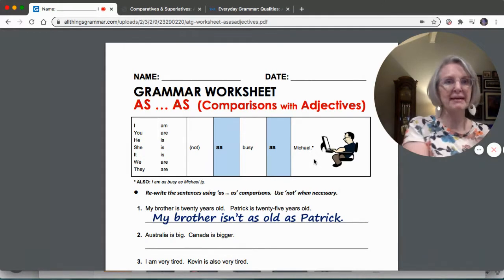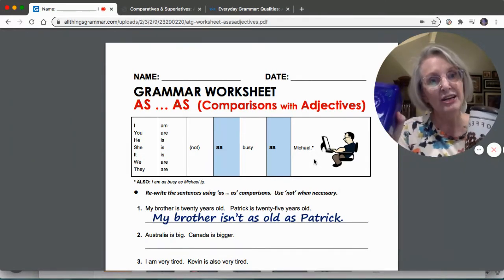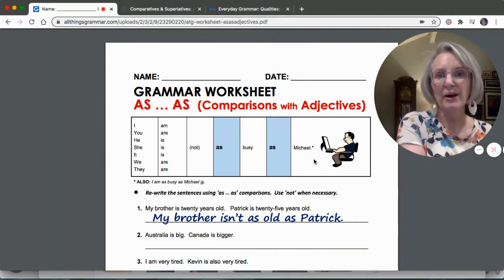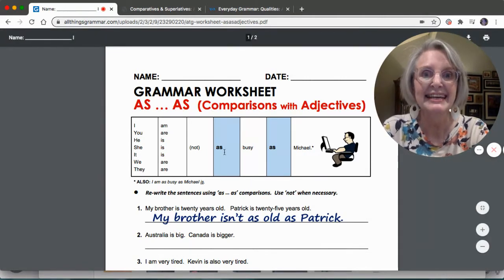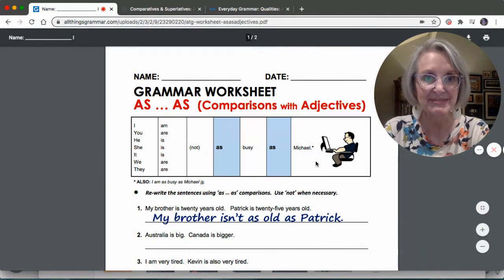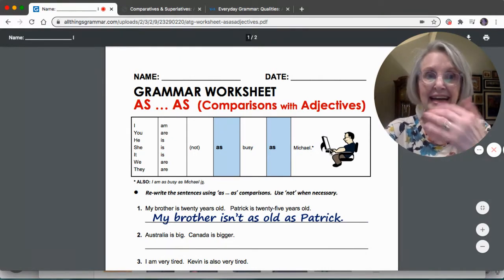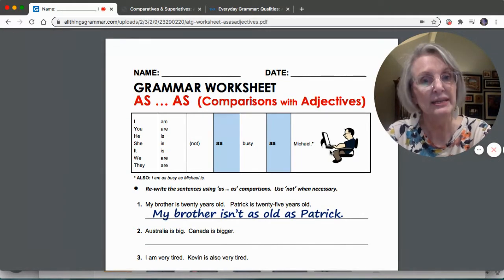For example, my tea and my coffee were equal. I like coffee as much as tea. Or in this case, we could say, I am not as busy as Michael. Maybe he's working tonight and he is really busy, and I am not as busy as Michael. So that's how we make those comparisons with adjectives.